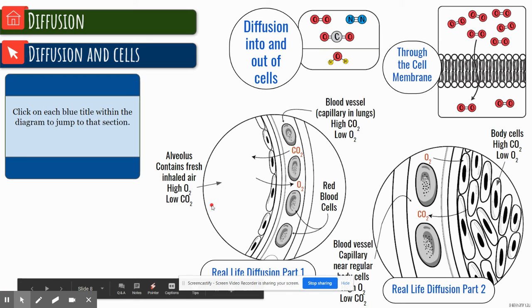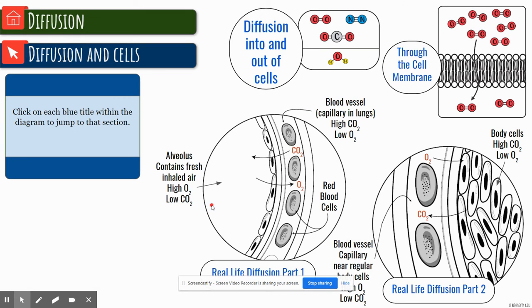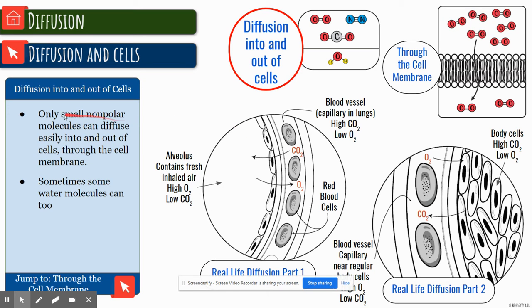Okay, so in cells, let's talk a little bit about in cells. We're talking about the need for cell membrane. So only small nonpolar molecules, see these are all nonpolar, can diffuse easily into and out of cells. It doesn't mean that the other ones cannot, they just do not do so very quickly or easily.